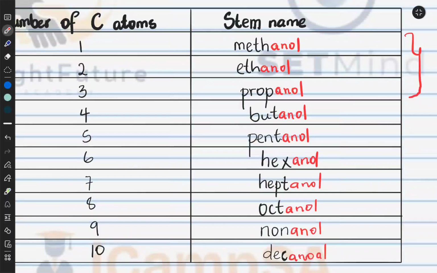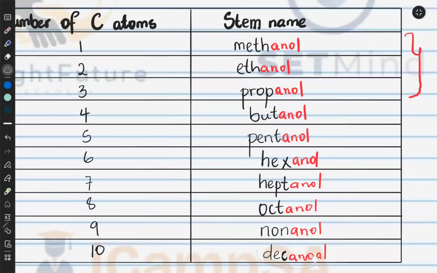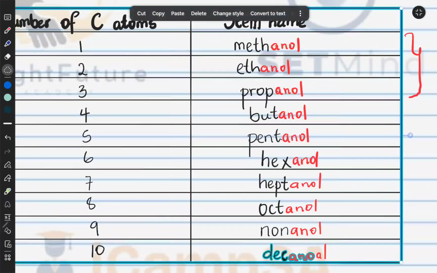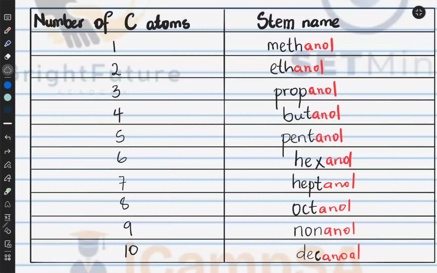In fact, I was supposed to do it like this because the suffix is the... right.